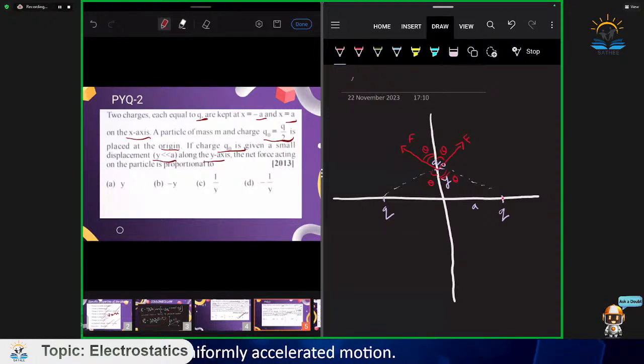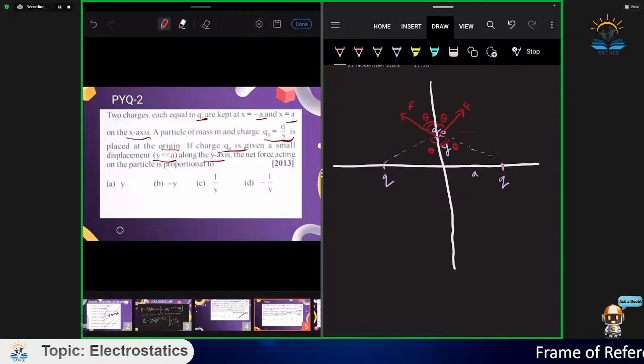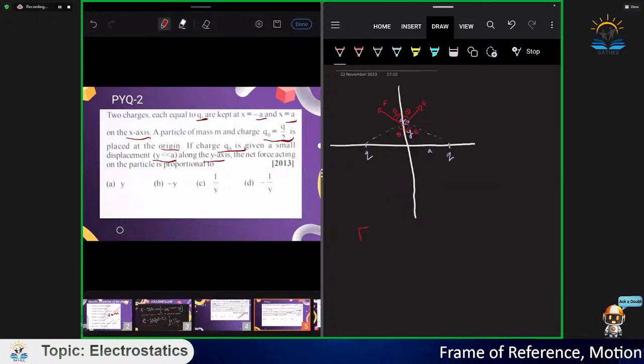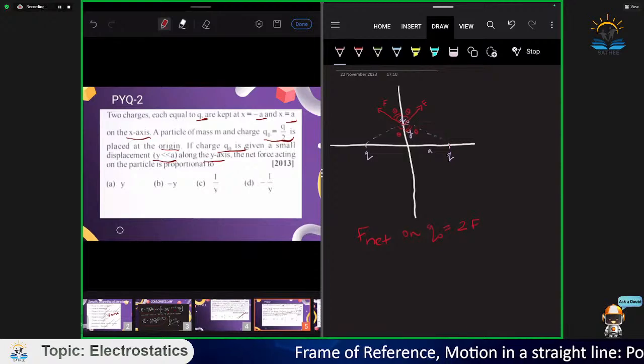See, here the F sin theta components will cancel each other along the y direction. So the net force will be 2F cos theta. So F net on Q0 will be 2F cos theta.